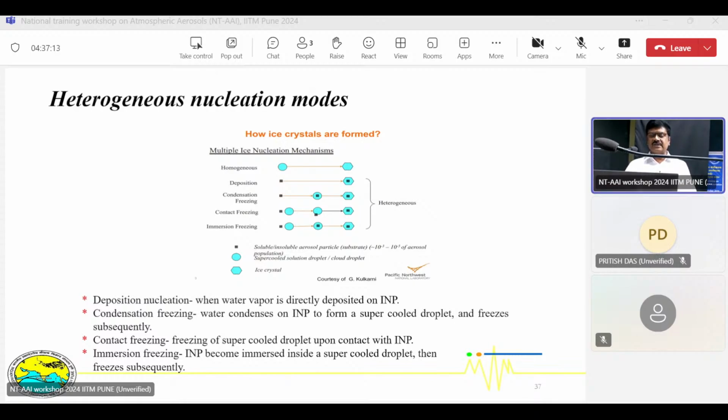Then condensation freezing is when water condenses on the INP to form a supercooled droplet, which then freezes subsequently. Contact freezing is when a supercooled droplet comes in contact with the INP. Then immersion freezing is when the INP becomes immersed inside a supercooled cloud droplet, and subsequently it gets frozen.